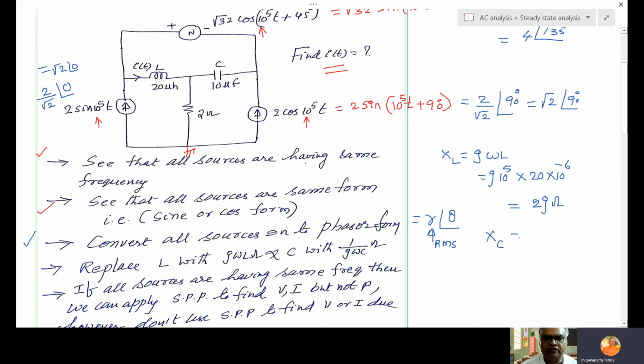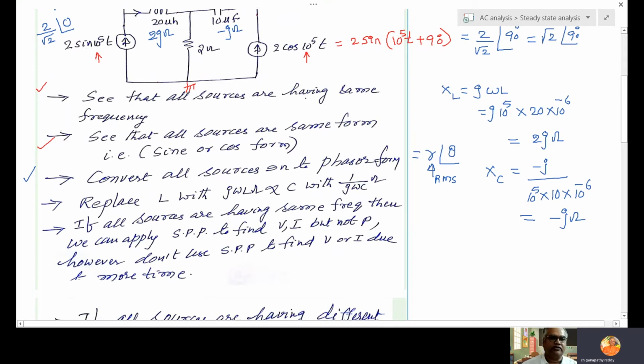Similarly, capacitive reactance is minus j by omega C. Omega is 10 power 5, C is 10 microfarad, 10 power minus 6. Simplify, you get minus j ohms. So inductive reactance is 2j ohms, capacitive reactance is minus j ohms. This is the next step: replace inductor with j omega L, capacitor with 1 by j omega C.